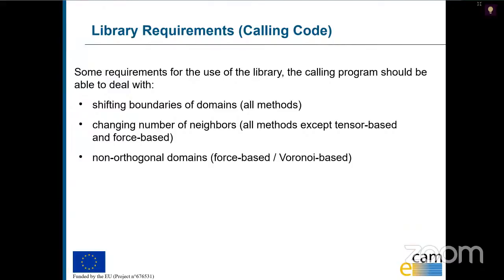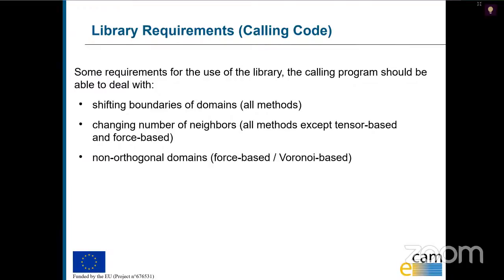What are now the requirements if you intend to use the library? Your code should, of course, be able to deal with shifting boundaries of domains. This is true for any method you want to use. For some methods, it's also required that you are able to deal with changing numbers of neighbors.